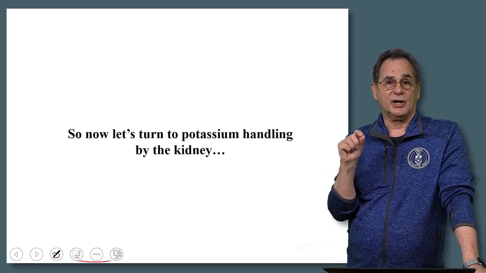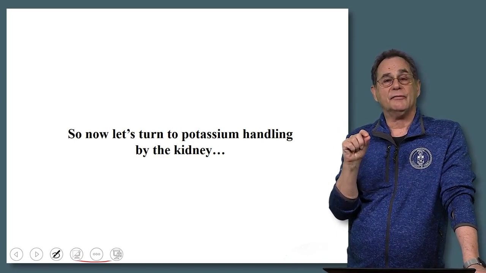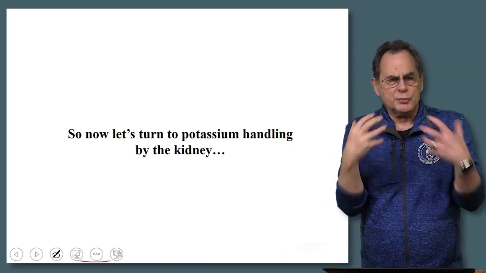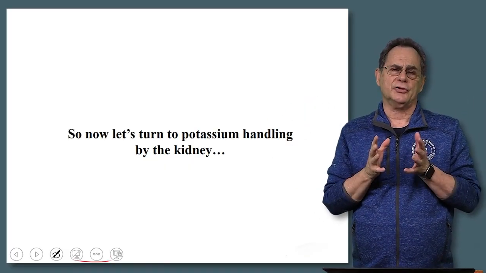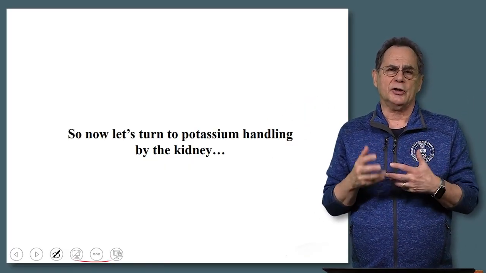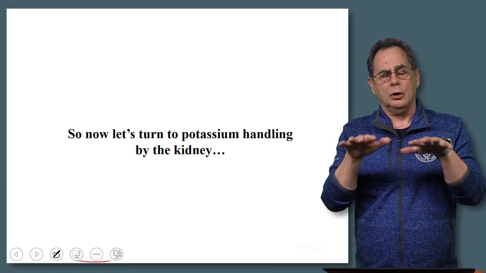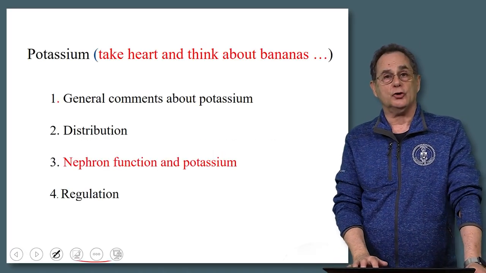The kidney plays a key role in maintaining normal potassium by facilitating its excretion. So you can imagine, you eat those bananas, it goes into the extracellular space, it's shifted into the cells, and then it's secreted by the kidney so that you maintain overall homeostasis or balance of potassium in your total body water.